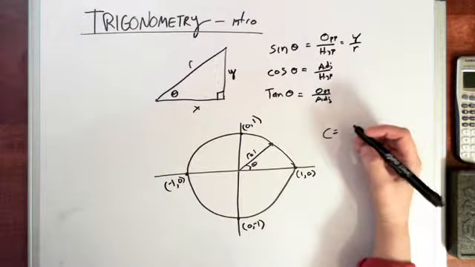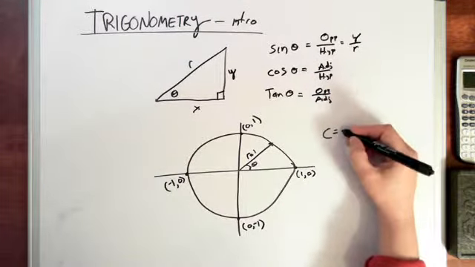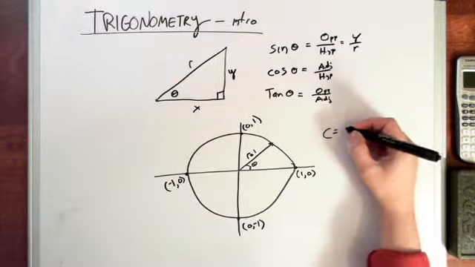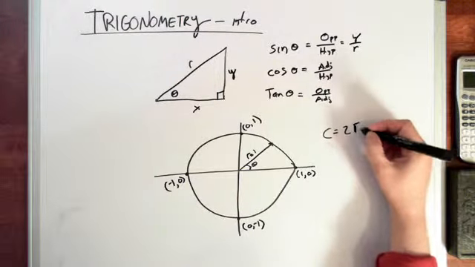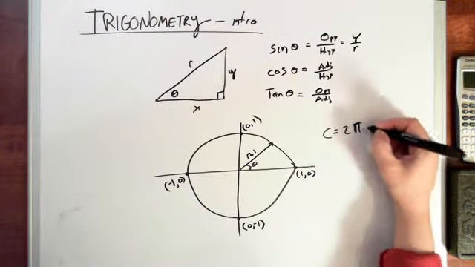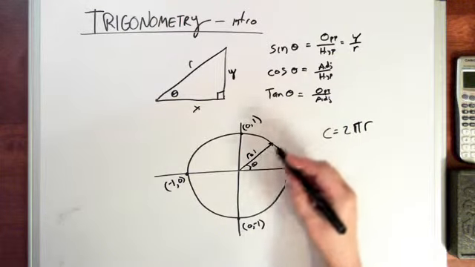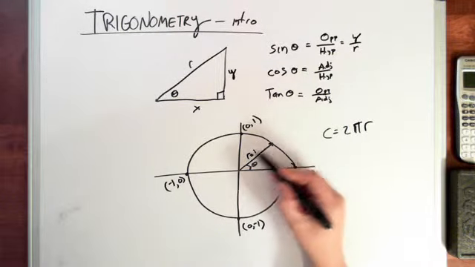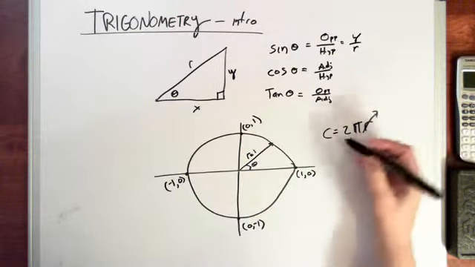Well, start with what's the circumference of a circle? The circumference is equal to 2 pi r. So going back to a unit circle, the radius is equal to 1, so I can get rid of that.